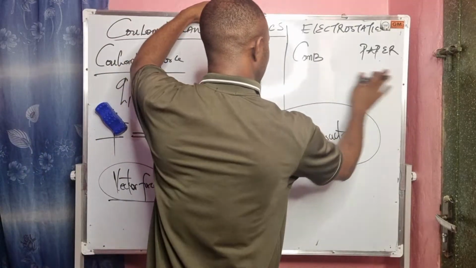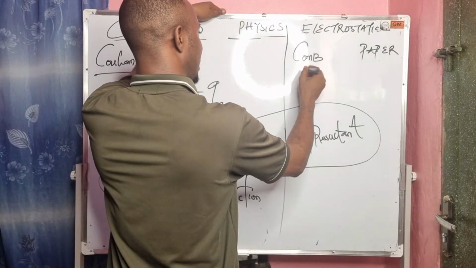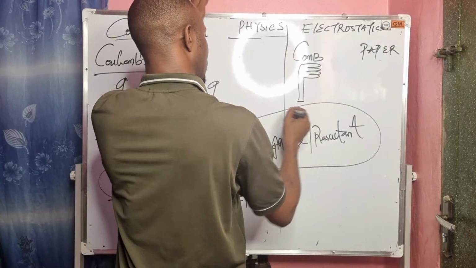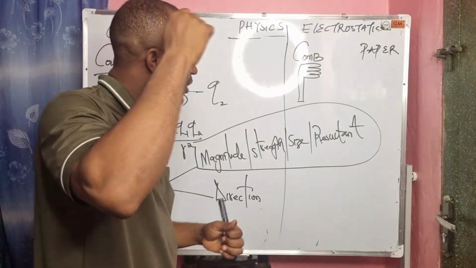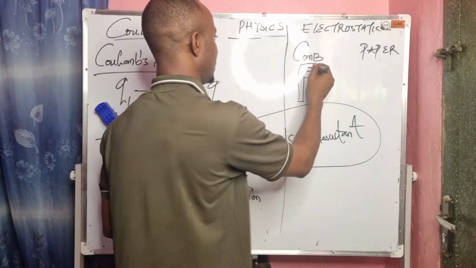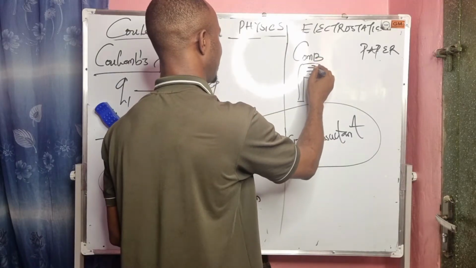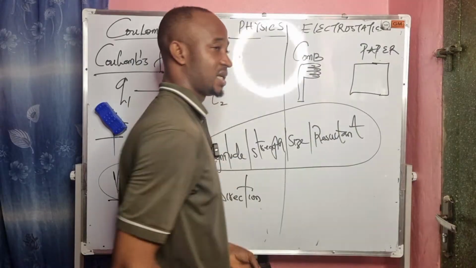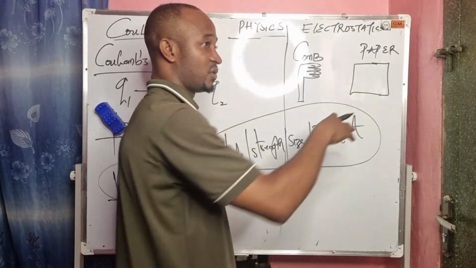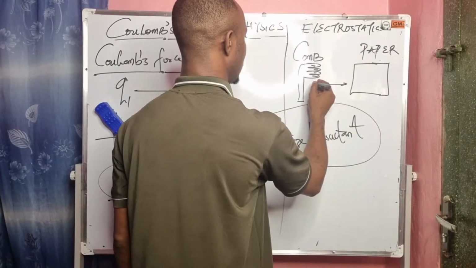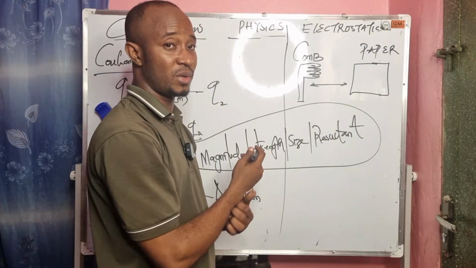The comb already has a negative charge, like I explained. When you rub the comb on your hair, the comb acquires a negative charge. Is that not a negative charge? Then the paper itself has a neutral charge, meaning the number of electrons and protons are the same. So as we bring these two objects together, what do you notice?